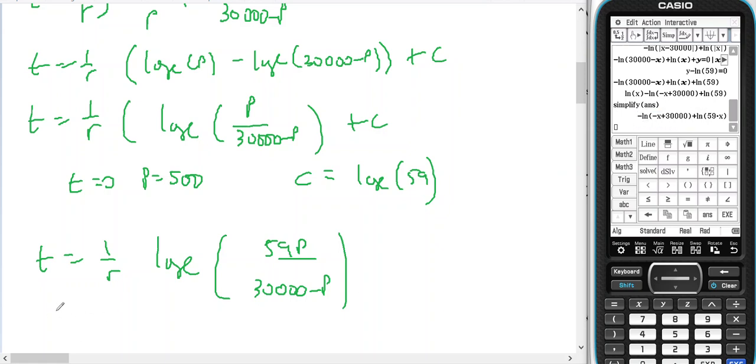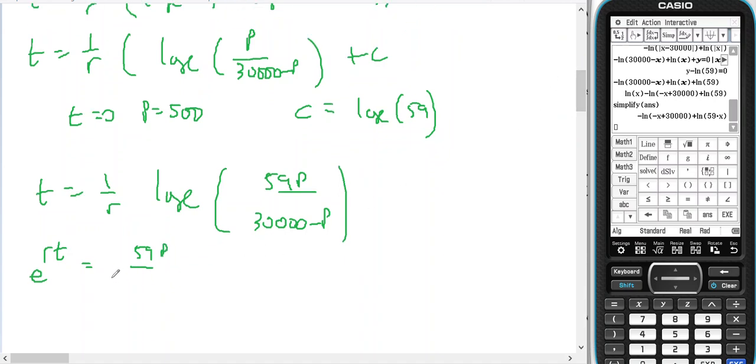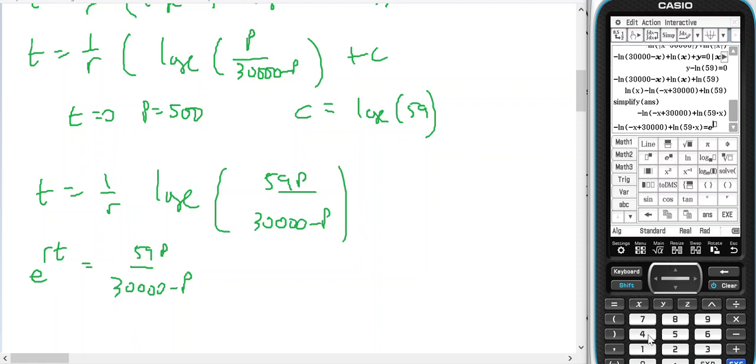So I would have RT, to the power of e, equals 59P on 30,000 minus P. So that equals e to the RT, so y, x.